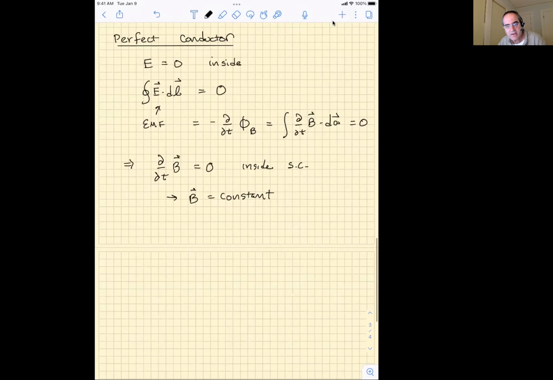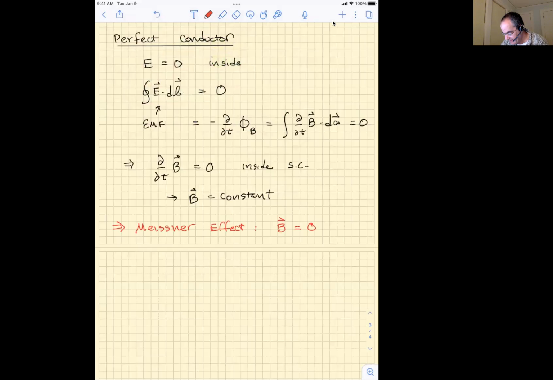So in a perfect conductor, we'd expect that the magnetic field would have to be constant inside. But the Meissner effect is something more. It says that the magnetic field is not just a constant, but that it's zero. Okay? So I wanted to mention this.